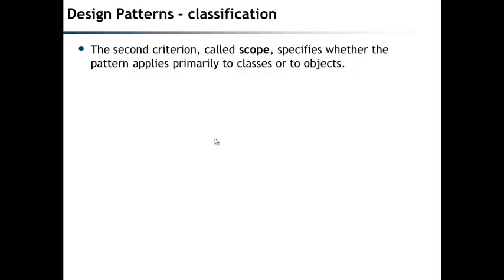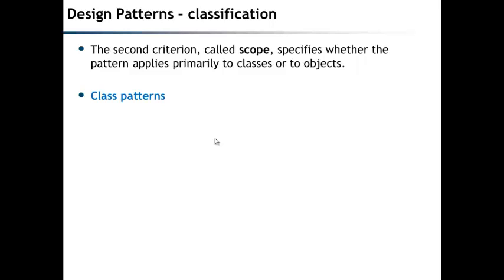Further to this, we could classify a design pattern on a second criterion called scope, which means that I could have a class level pattern. A class level pattern is more of a design time or compile time static decision. I use inheritance, which is not a dynamic way of composing classes together, but more of a static time decision.